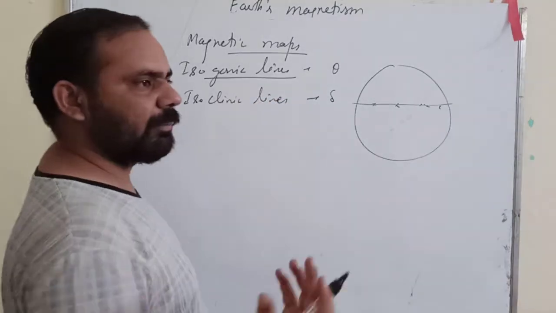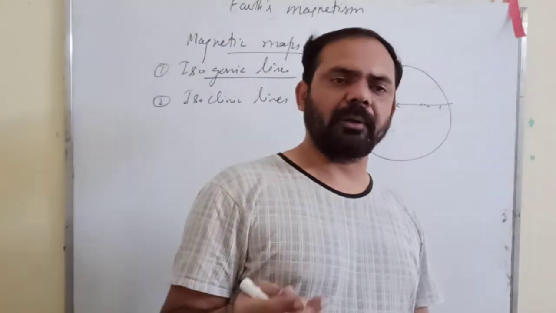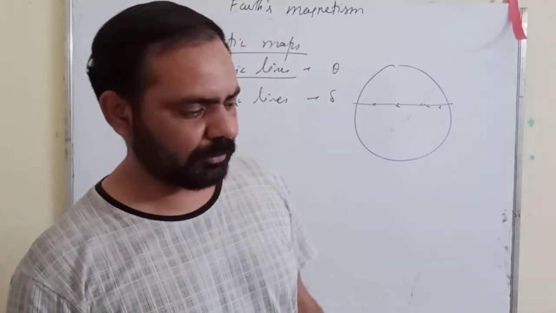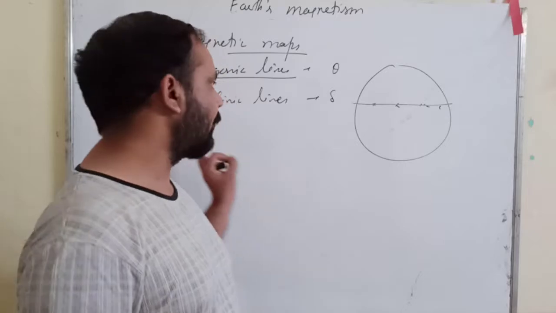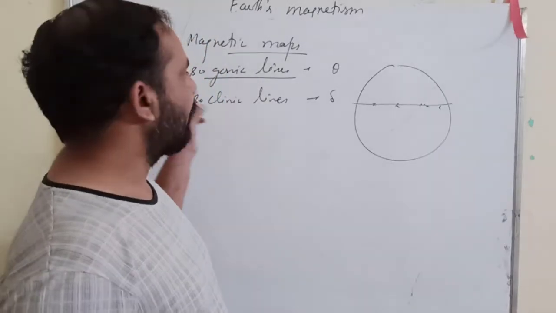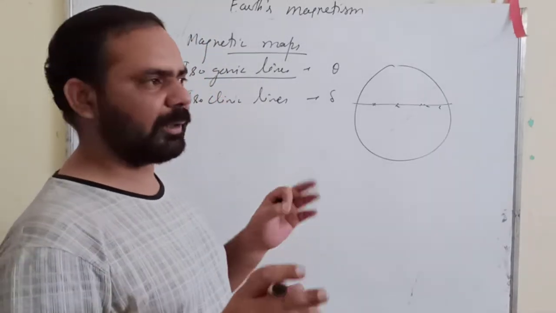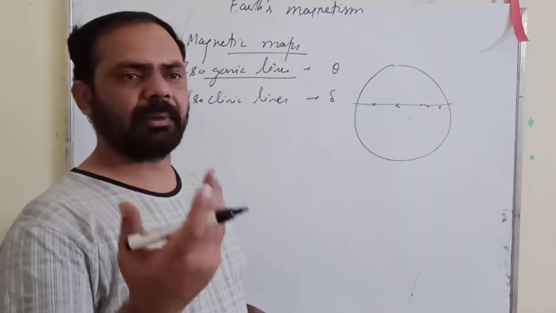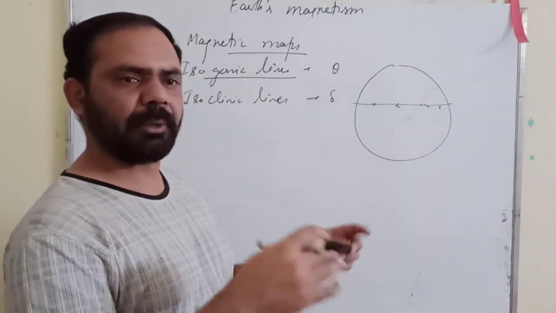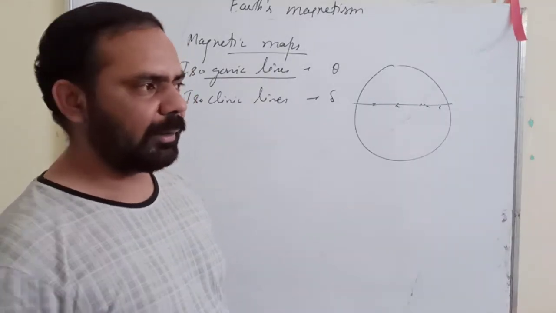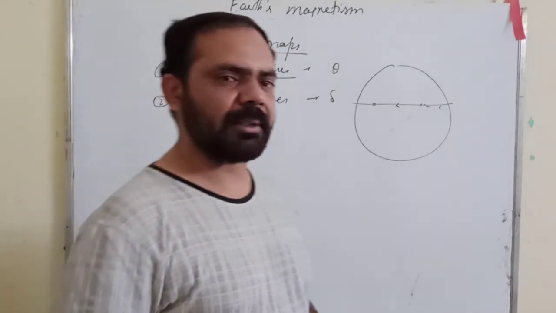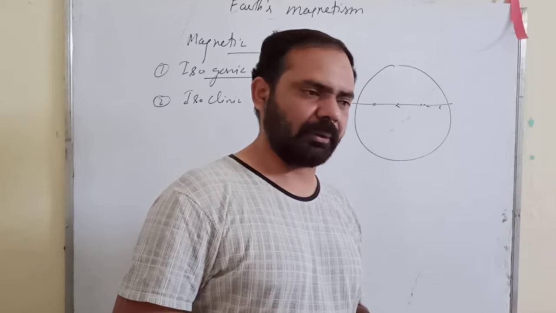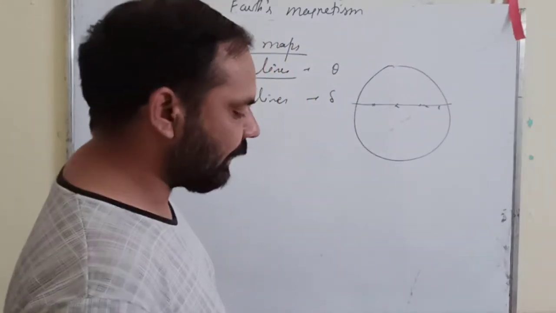You can check these magnetic maps on the internet or on YouTube. Simply write isogonic lines and you will get an image, and you can see what type of maps they are. Then isoclinic lines: when we join the places with equal angle of dip on the Earth, we get isoclinic lines.